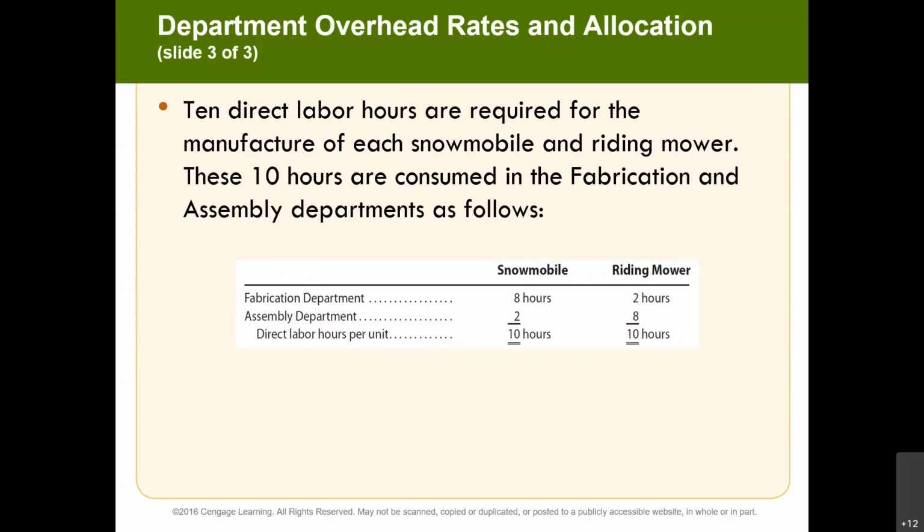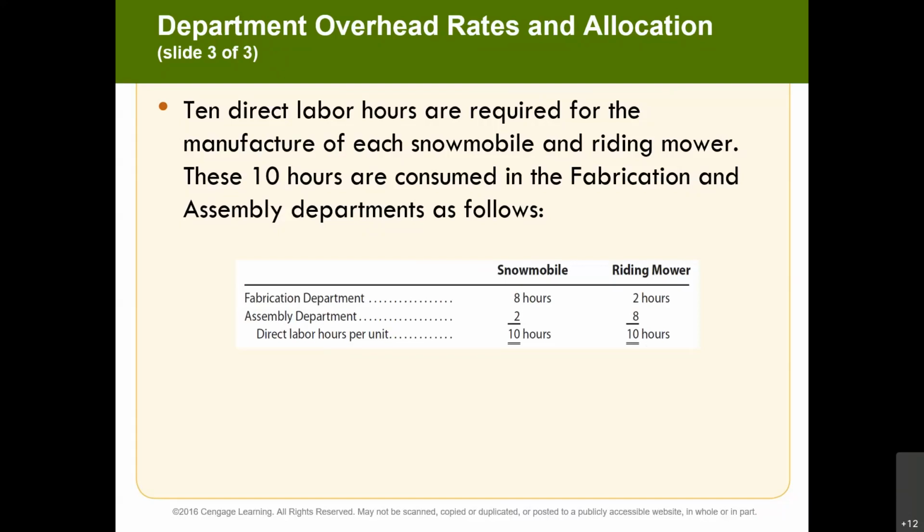So as we know, it takes 10 hours to manufacture each unit. Okay, so 10 direct labor hours are required for the manufacturing of each snowmobile and each riding lawnmower. These 10 hours are consumed in the fabrication and assembly departments.